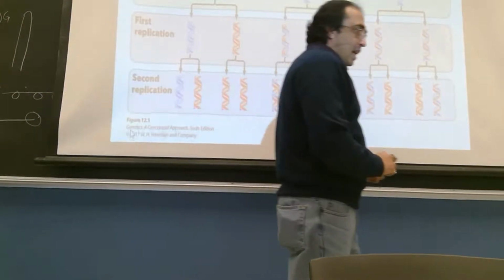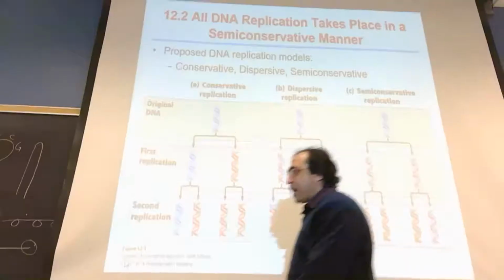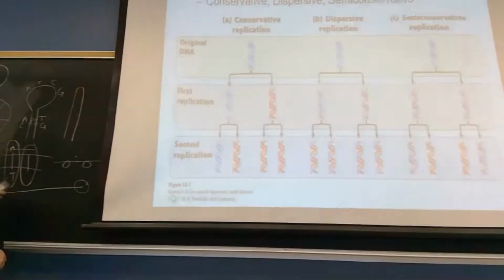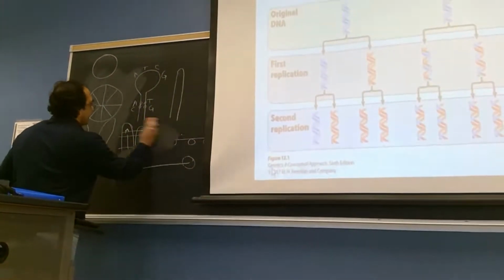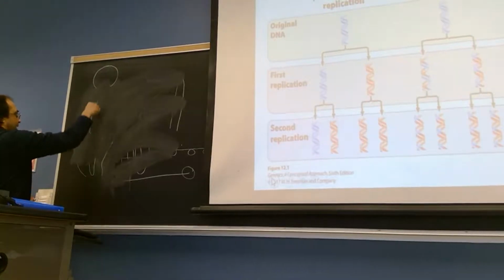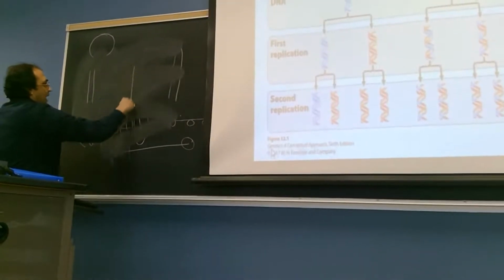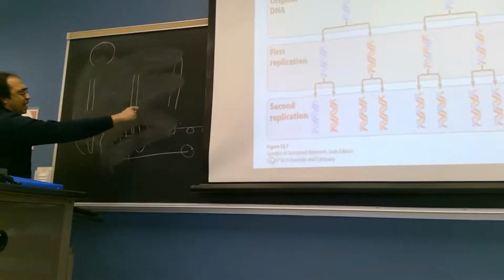Now the question is, how can DNA be replicated? Based on this concept, there are 3 possibilities. This is our parental DNA. The new DNA could be formed like this, with the parental DNA remaining and another DNA formed.